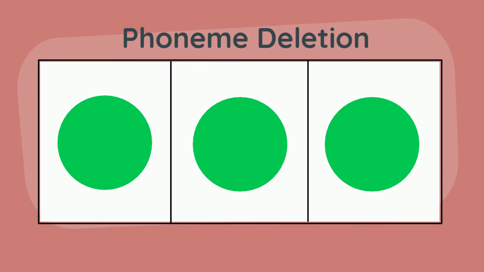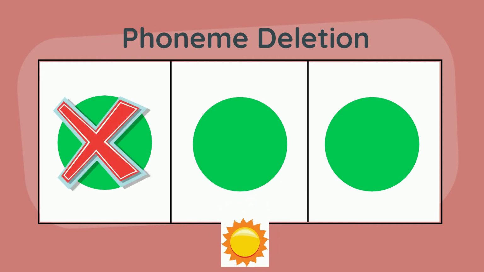Try this one on your own. Say sun without the s. Did you say un?